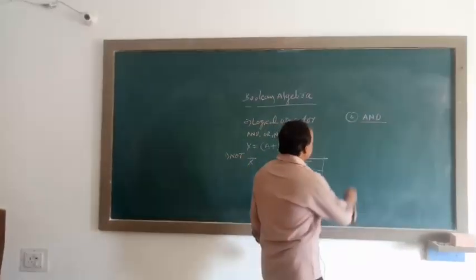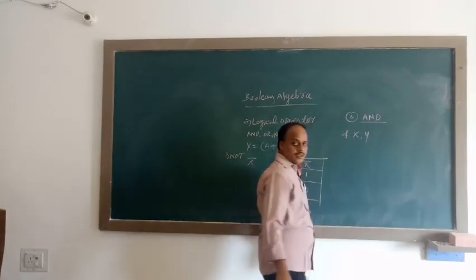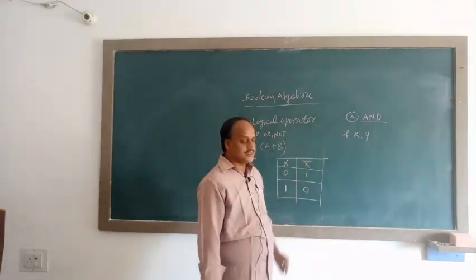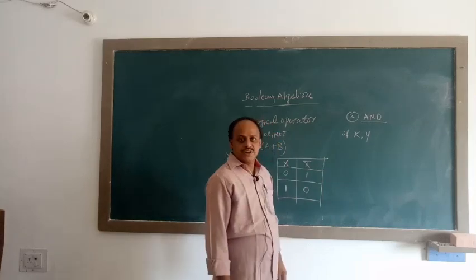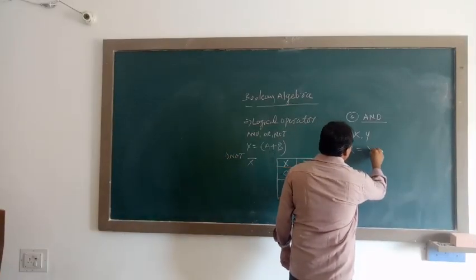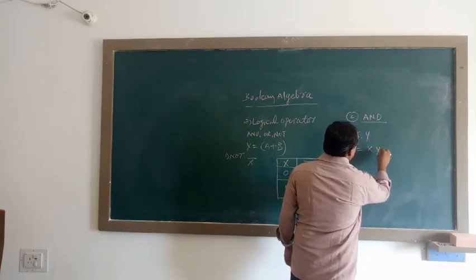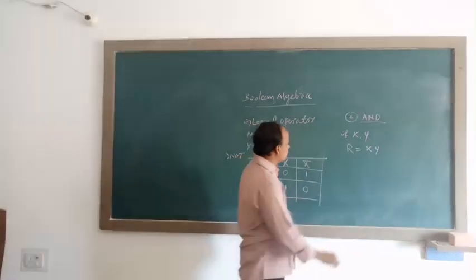For example, if x and y are two variables, when we perform AND operation, the resultant expression will be r is equal to x into y. This is the resultant expression.